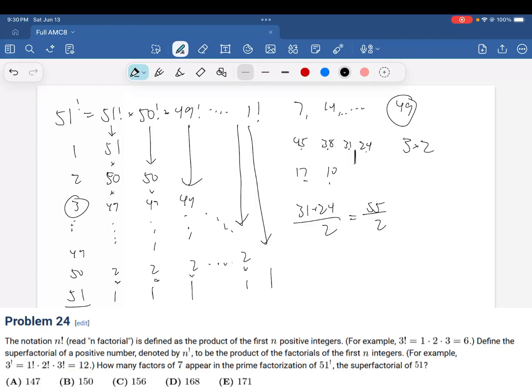And then you multiply that by the number of terms, which is 6. This becomes 165. Add the 6 to it, and you get 171. So the answer is E.